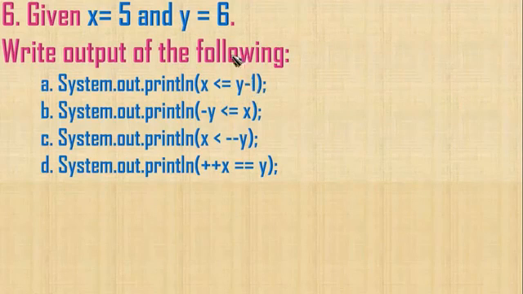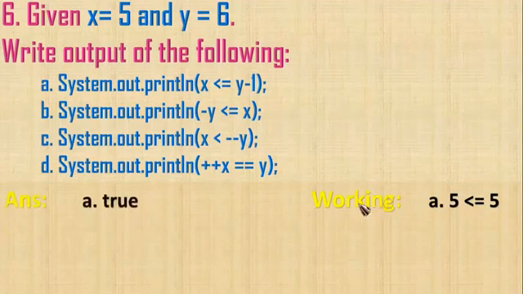Y minus 1 is 5. So 5 is lesser than or equal to 5, that is true. The next, minus y. Y's value will become minus 6. Then x value is 5 as it is. So minus 6 is lesser than or equal to 5, that is true.